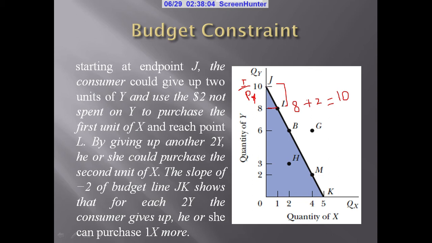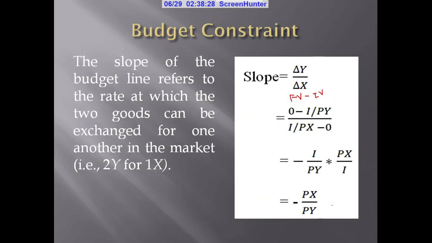The individual is consuming only commodity Y, keeping the consumption of commodity X at 0. But when the individual gives up all the consumption of Y, he is able to consume 5 units of commodity X, that is I over PX, the total quantity of X that the individual can purchase with the given income. The final value on the x-axis is I over PX.